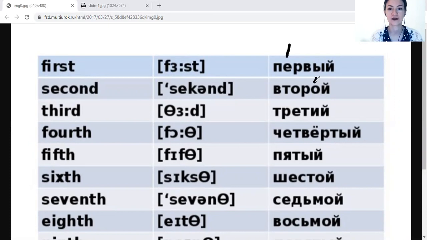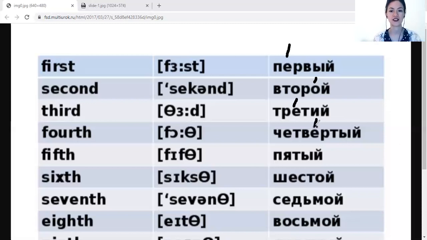Второй. Второй is connected with Tuesday. Второй and Tuesday. Вторник. It is connected because вторник is the second day of the week. Второй, третий.